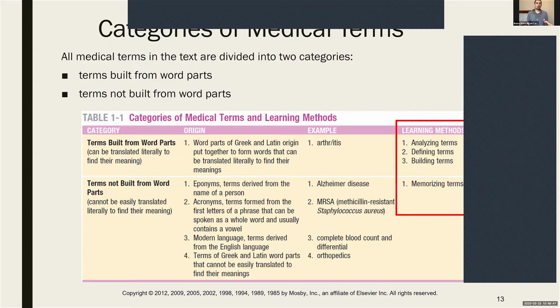So in no way is the expectation that you're going to know every single medical term and be able to apply it in every circumstance. But we do want to learn how to understand medical terms so that when we see a new term, we understand how to find out its meaning. So memorization isn't the key point, it's learning so that we understand how to find out the information is actually the most important aspect.